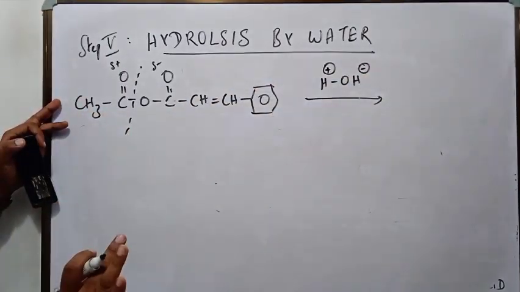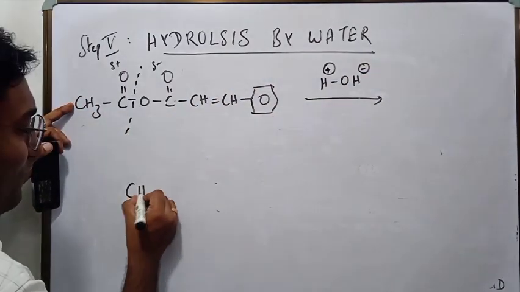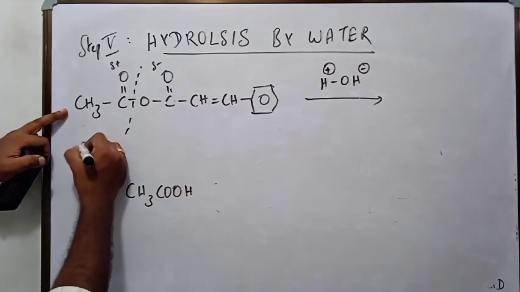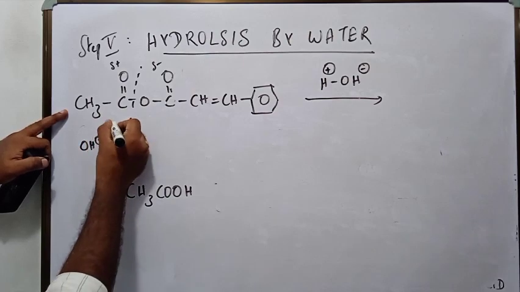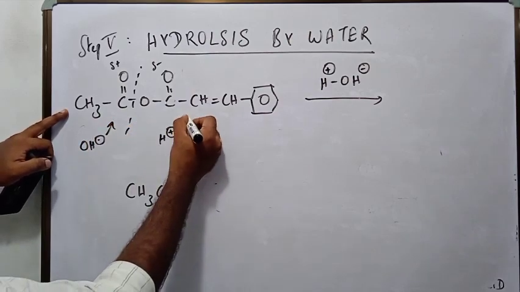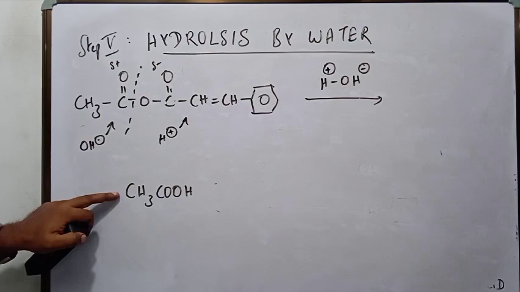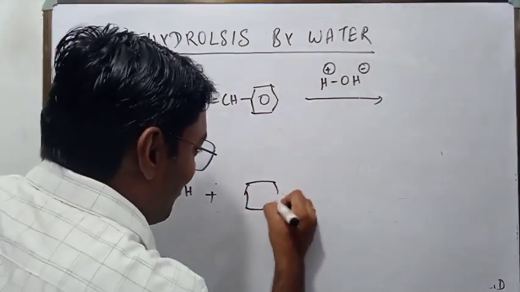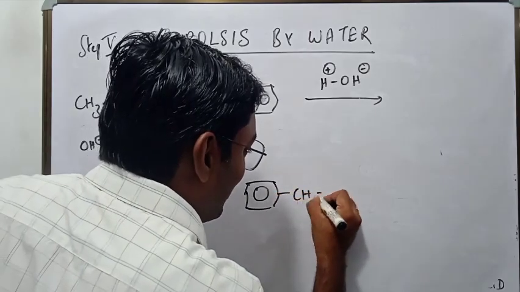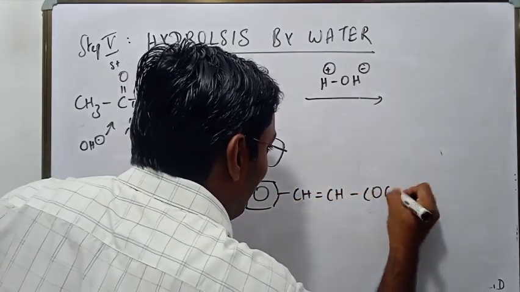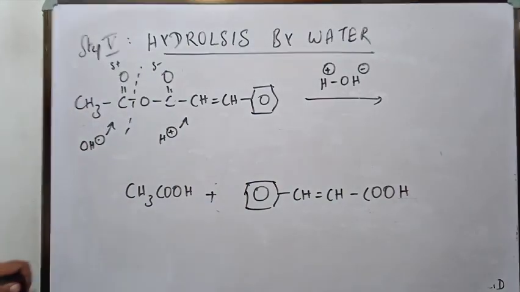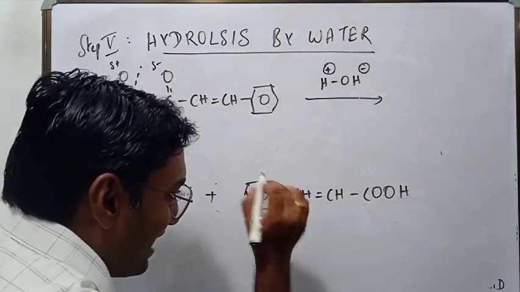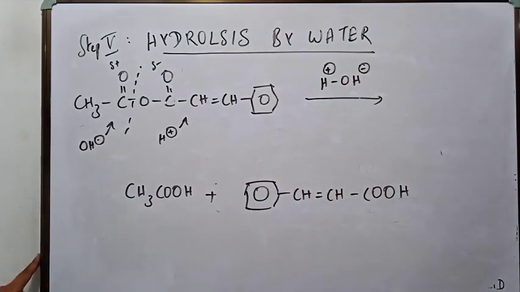Am I okay? Yeah. So now what happens? CH3COH, the negative part attaches here and the positive part attaches here in this part. So you get CH3COH and you get the product of the reaction, alpha beta unsaturated aromatic acid, common name cinnamic acid.